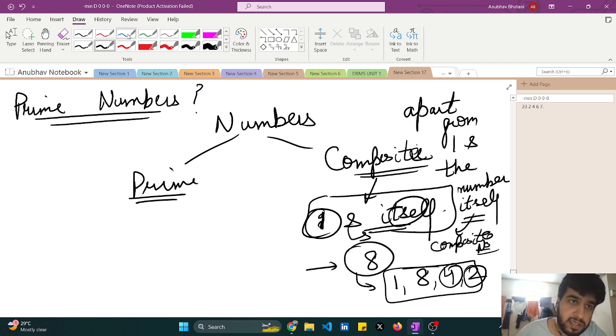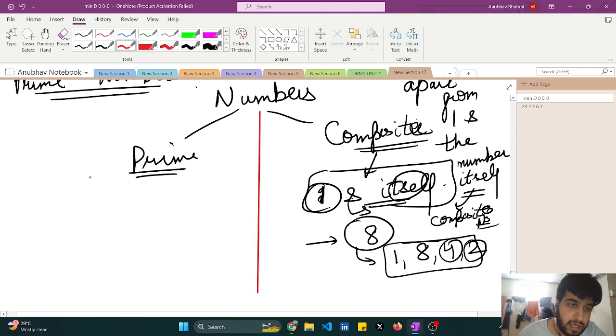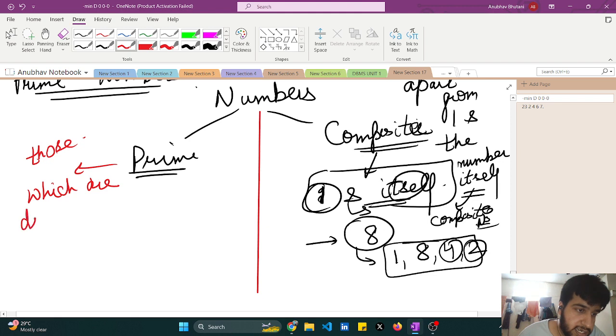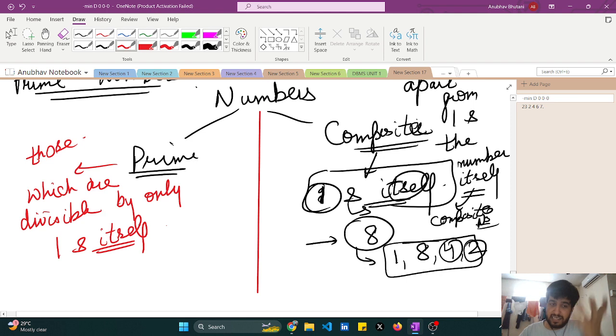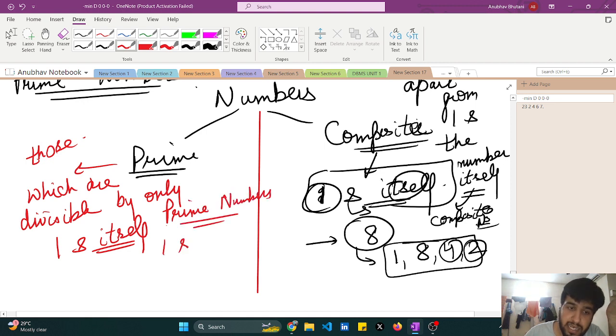So what are prime numbers? Prime numbers are those which are divisible by only one and itself, meaning the only factors that prime numbers have are 1 and the number itself.